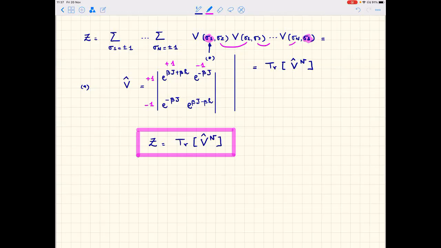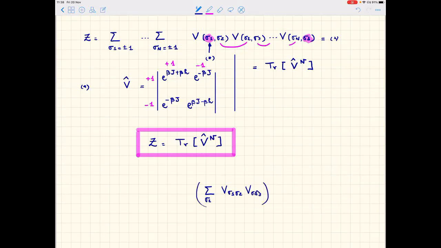Well, you see that this thing here can be written as the sum over sigma 1 equal to plus and minus 1 of the sum over sigma 2 of V sigma 1 sigma 2, V sigma 2 sigma 3.